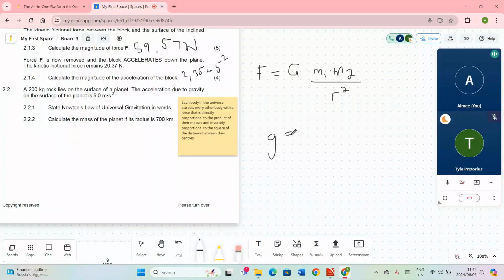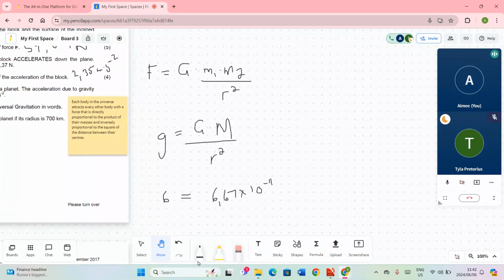g is equal to big G times big M divided by R squared. So what is our g value in this scenario? It's 6. 6 is equal to, our big G value is what we got off of our formula sheet, 6.67. It's a constant. Remember, the constants are on the first page of your formula sheet.